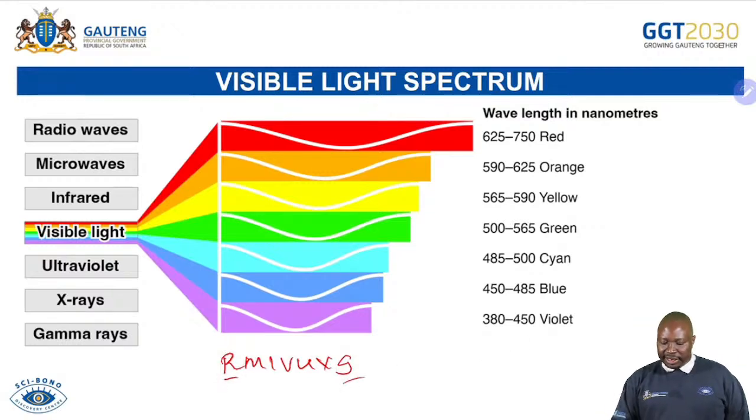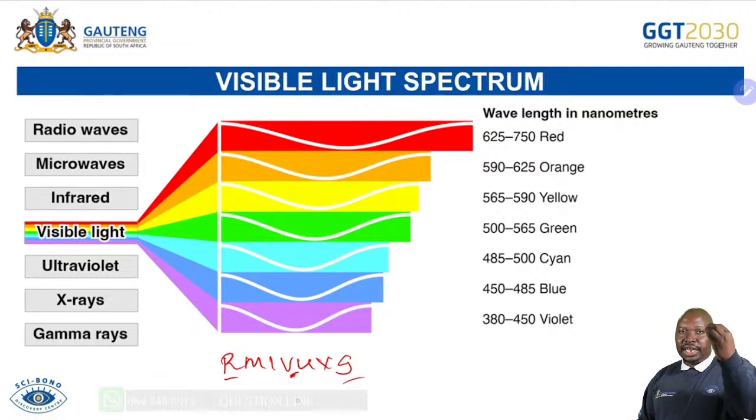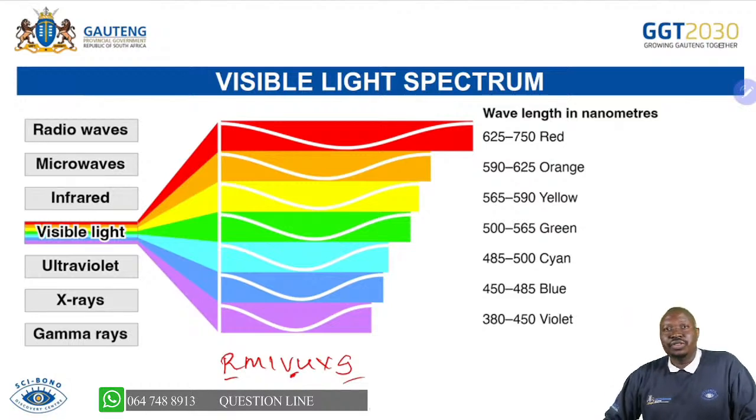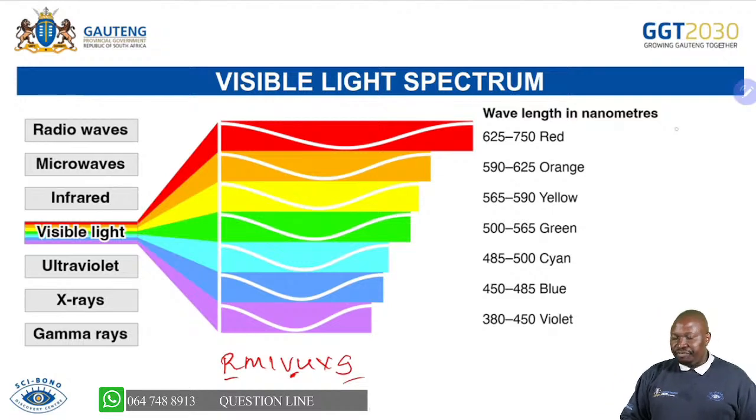Okay? And then V there stands for visible light, and visible light is what you can see with your naked eye. You can see we have your red, orange, yellow, green, blue and violet. These colors are visible to us, and we refer to that as visible light.